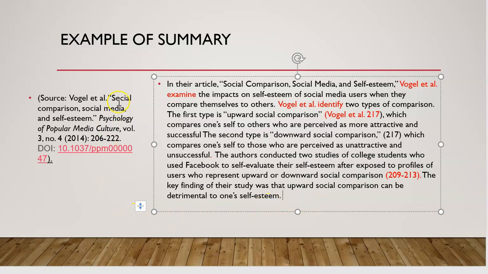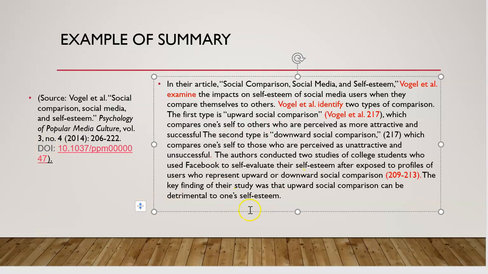So yeah, that's basically what a summary is. It basically explains the purpose of the study, any key findings or ideas, briefly describes the method or the study that was conducted, and then summarizes the main result or finding of this study that they did.